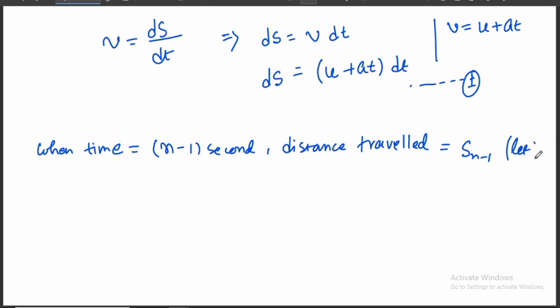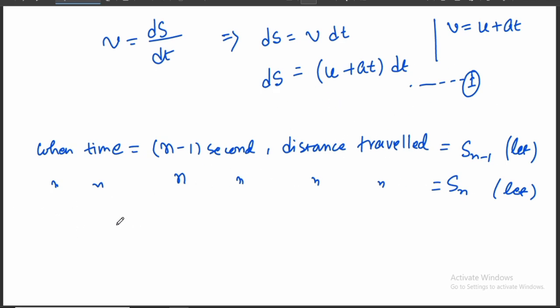Let us consider this. So when time is n minus 1 second, distance traveled is Sn minus 1. And when time is n second, distance traveled is Sn. So we have considered this. Now let's integrate the equation 1 within this limit.